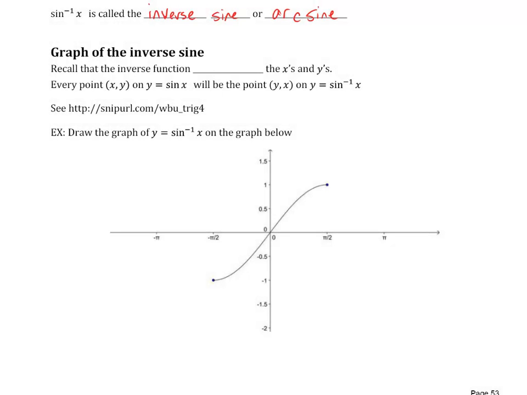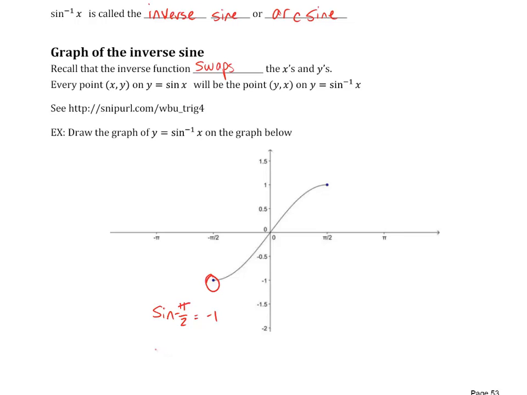To find the graph of the inverse sine of x, recall that the inverse function swaps the x's and the y's. So every point on this curve will become a point y comma x on y equals sine inverse of x. It swaps the x and the y, right? Which means that, for example, this point right here says that sine of negative pi over 2 is equal to negative 1, right?